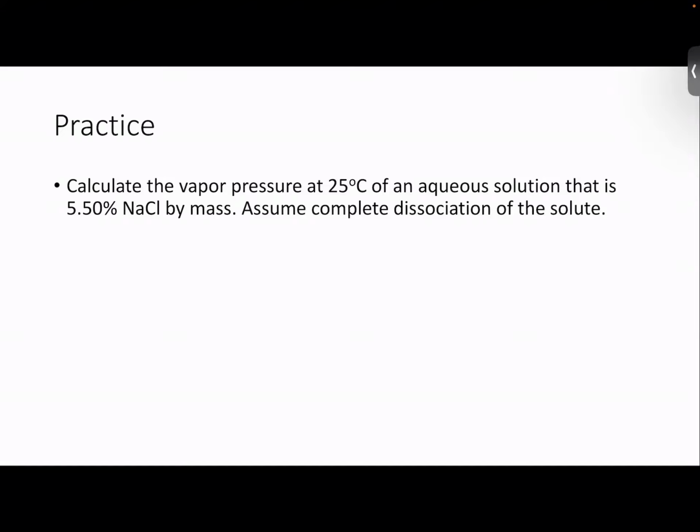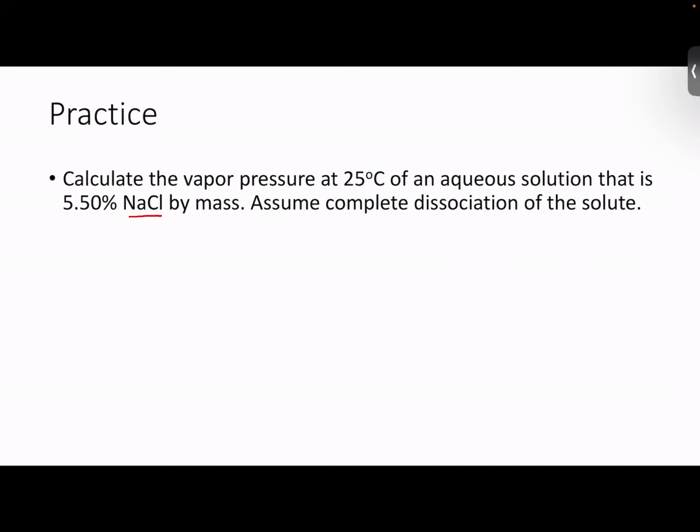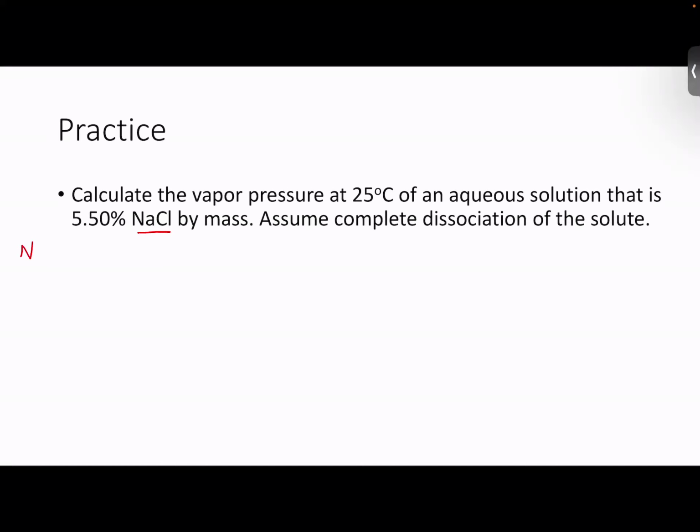First things first, I notice that I'm dealing with sodium chloride. Rule number 1 says that if it contains a group 1 metal, it is soluble. So that means sodium chloride is going to dissociate to form sodium ion and chloride ion, meaning we have 2 particles in solution.